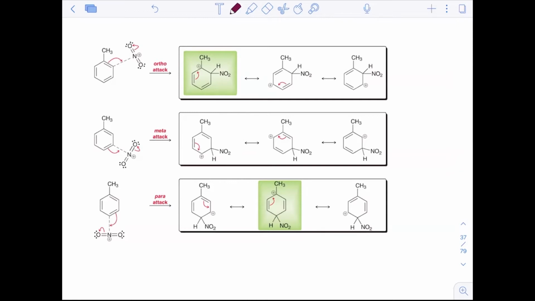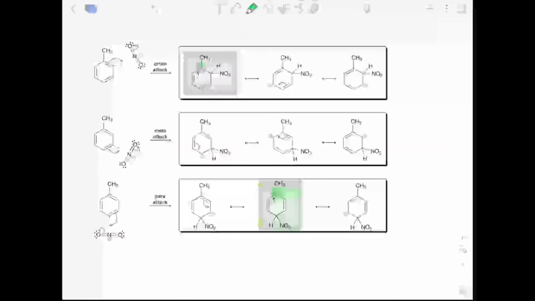So the meta sigma complex doesn't have anything super stabilizing. The ortho and the para sigma complexes become more stabilized by putting the carbocation right next to our electron donating group. Those decrease the energy of the sigma complex and make it more stable.